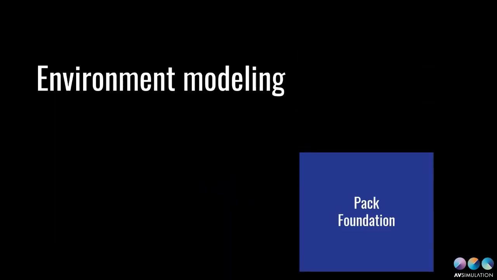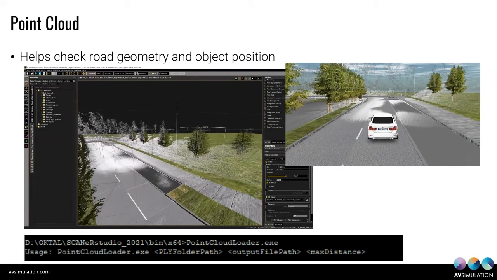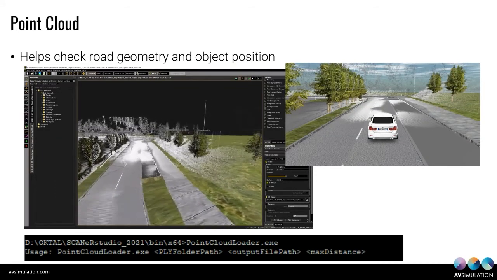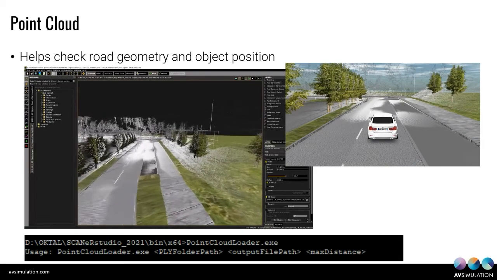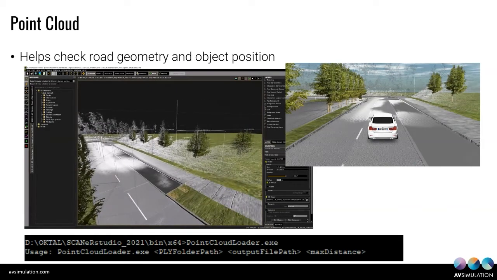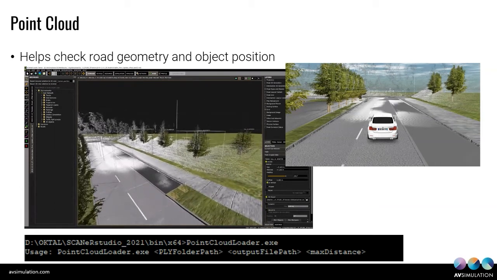Okay, so now the next feature, some new features about environment modeling, which are available in the foundation pack, and which are available for any SCANeR user. So a new feature to import point clouds directly in the editor or in the simulation. You have a tool to convert and adapt your point cloud data.